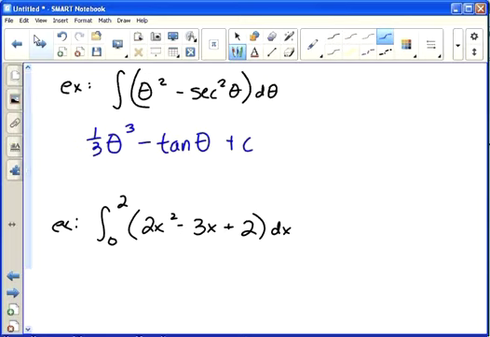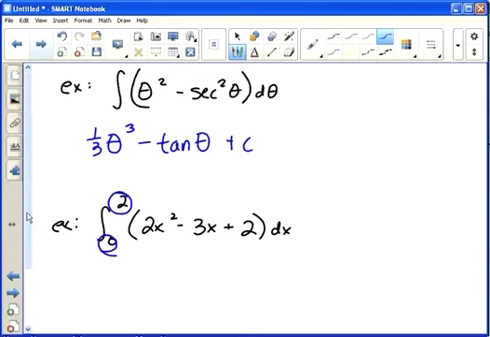Okay, now this second example is called a definite integral. The three we've done so far are indefinite integrals. Indefinite integrals have no boundaries. They have nothing on the integral, no interval. But definite integrals like this do have boundaries. In this case it's 0 and 2. So the first step to these is still the same.